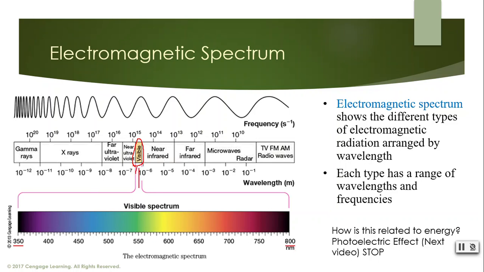And you should also know just the relative strengths of these types of electromagnetic radiation. So you should know that gamma rays have a higher frequency than X-rays, which have a higher frequency than the far UV. So you should know the general trend for their frequencies and wavelengths.